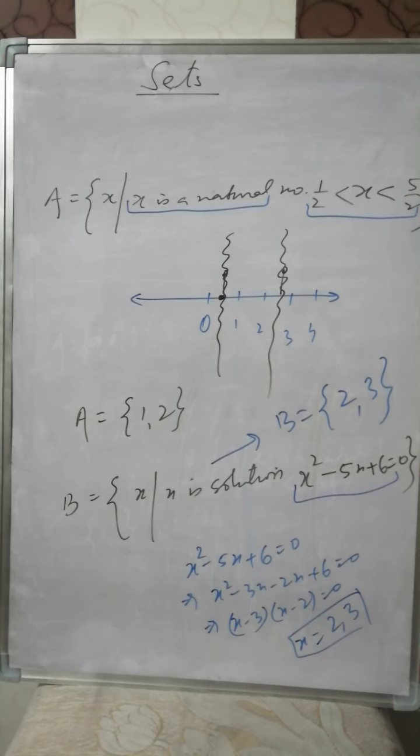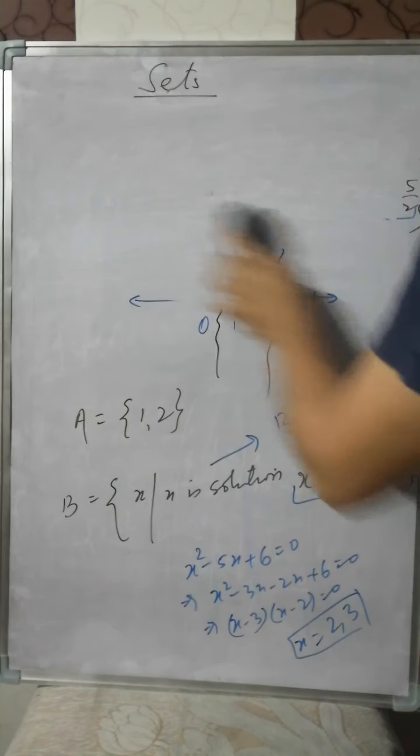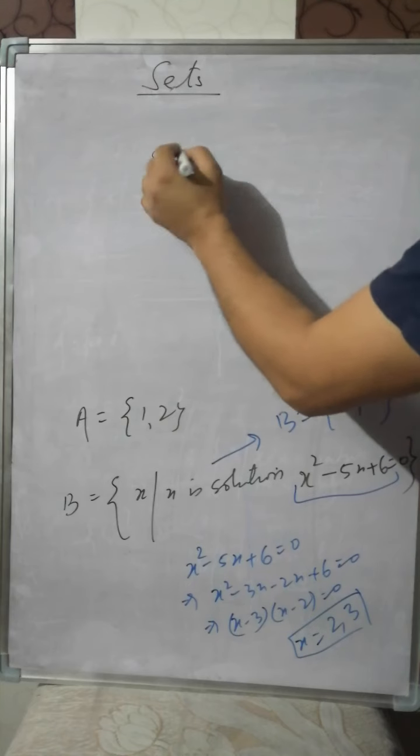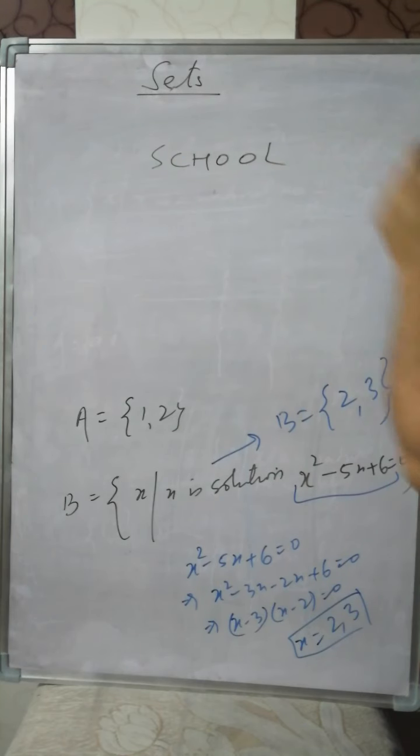And the converse is also there. If he is asking us to write the set builder form of some of the cases, before taking that, let me take one more example. Like if you talk about the word school, and he's asking us to write the set of all the letters of the word school.